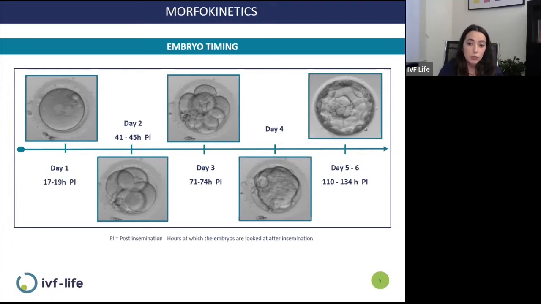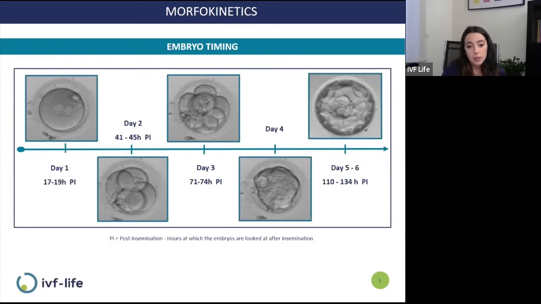Here at this point, we already observe some embryo cleavage, and we see a certain number of cells and different fragmentation rates depending on the embryos. Day 3 happens at more or less 70 hours post-insemination. One thing I would like to point out is that these timings are different depending on the culture media that is used and the environment conditions.